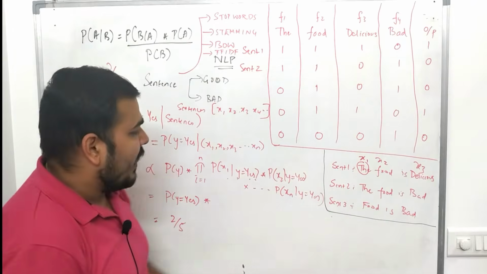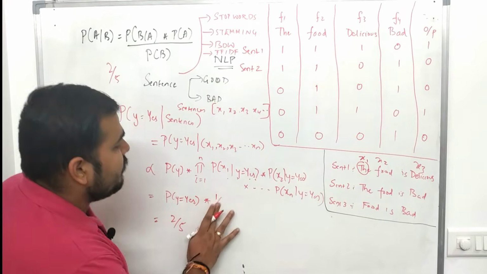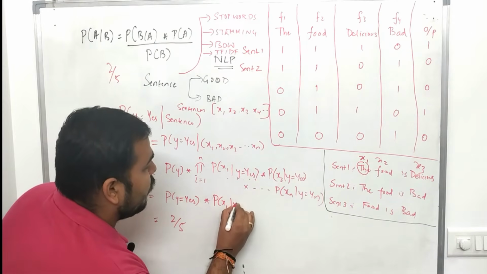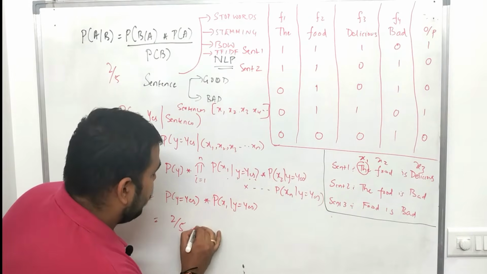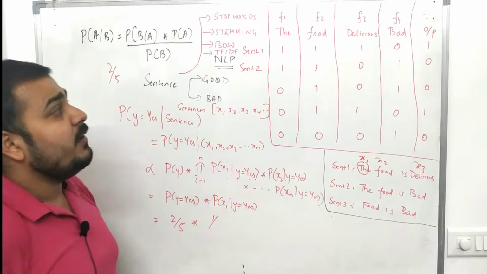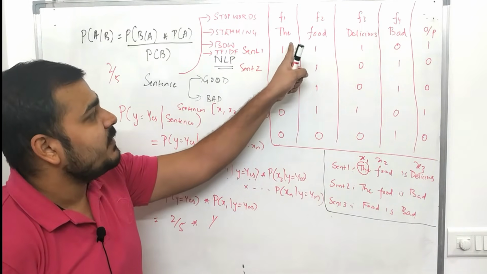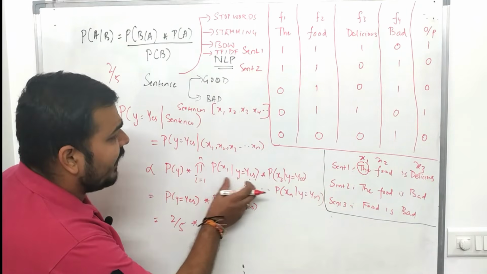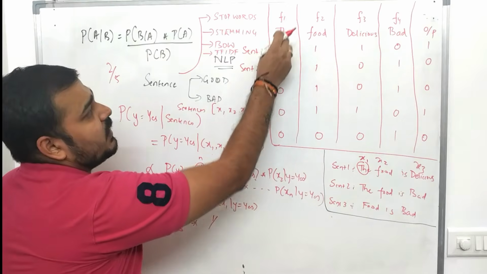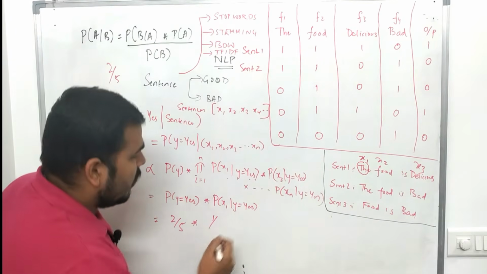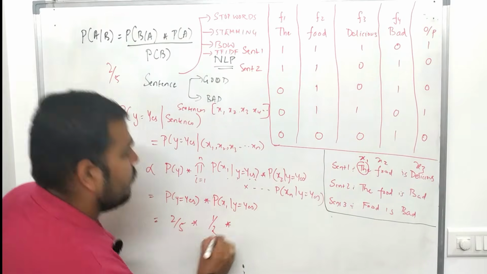So I will take this 1 value divided by the probability of x1. This is the probability of x1 given y is equal to yes. Now this will be equal to 1 divided by how many times "the" is present: 1 and 2. So x1, "the," is present in sentences 1 and 2. So this will be nothing but 1 by 2.